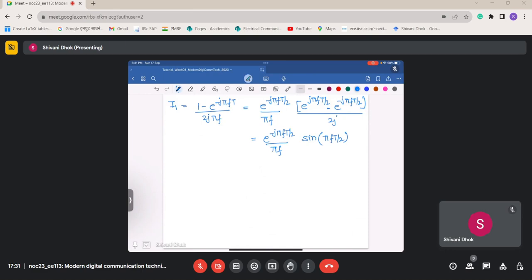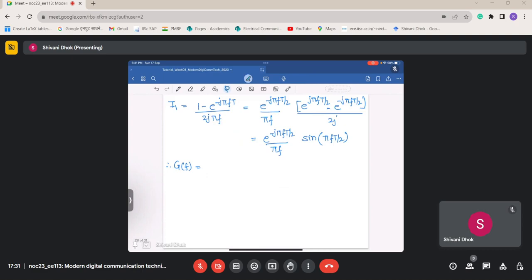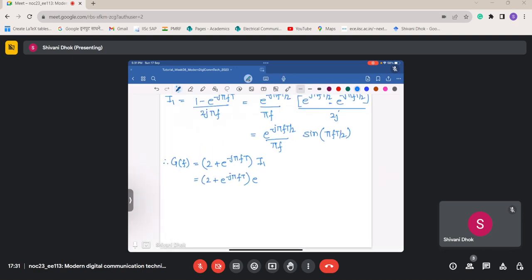Okay, therefore g of f is simply 2 plus e power minus j pi f capital T multiplied by e power minus j pi f T by 2 into sine of pi f T by 2 upon pi f.